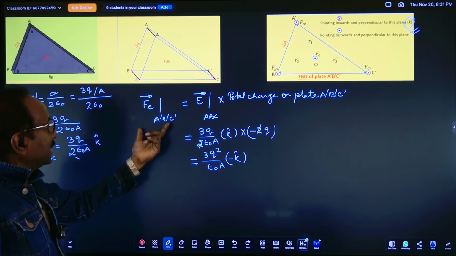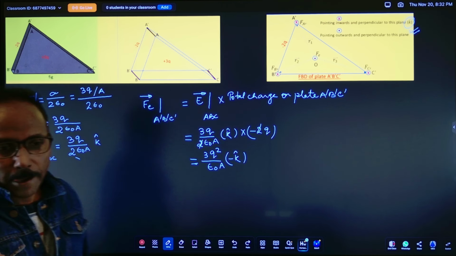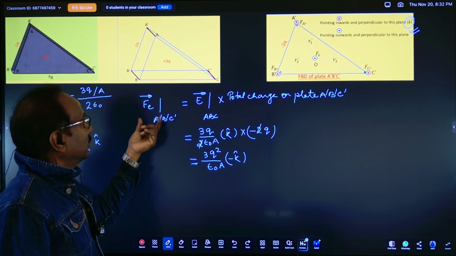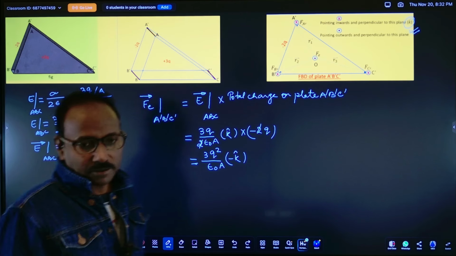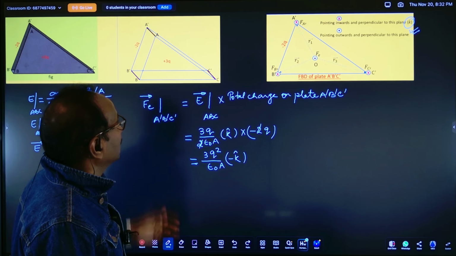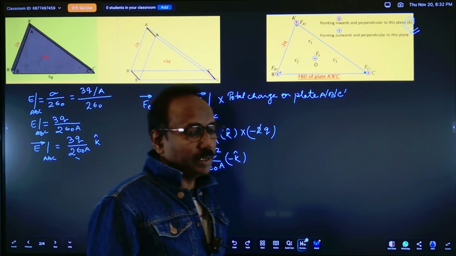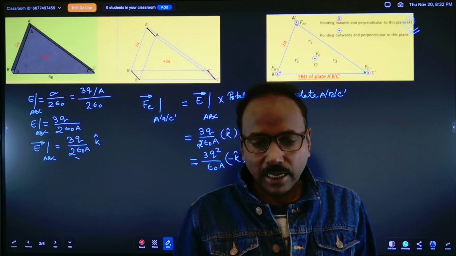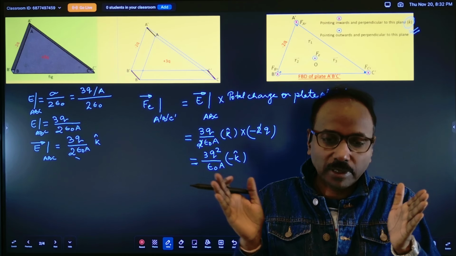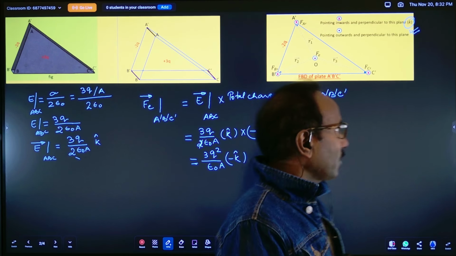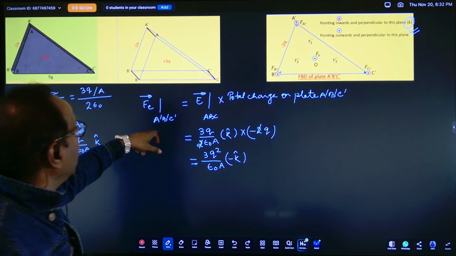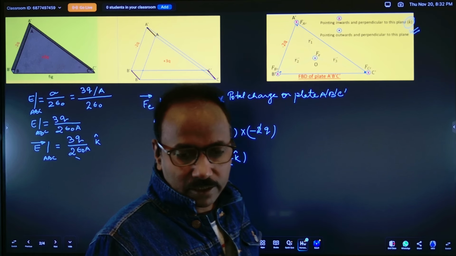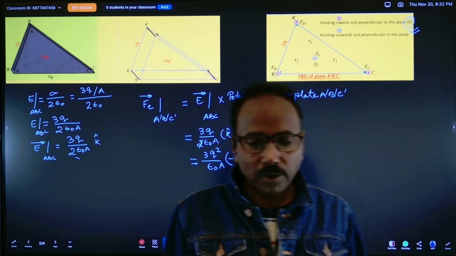Now this electrostatic force, because you know that this force is the cumulative or net force acting on the plate A prime, B prime, C prime at each and every point, and you are summing it, this force will be acting through the centroid of the object.